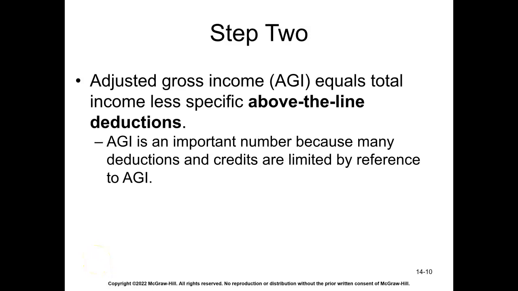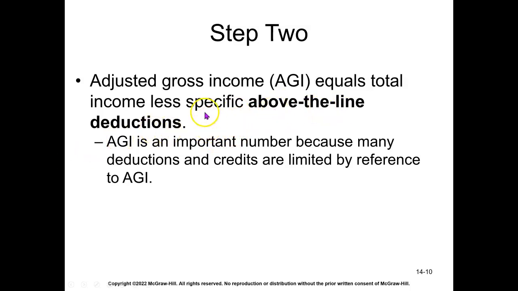Step 2 then, as it mentioned, was calculating adjusted gross income. So this starts with that total income number, and then it's going to subtract off specific, what they call above the line deductions. So when you're looking at deductions, there's 2 types of deductions on the return, or at least 2. One is going to be above the line.